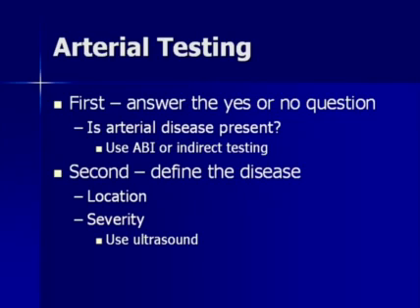Once we define the fact that there is disease present, then we want to go on to some sort of secondary modality and locate the level of disease, as well as try to figure out the severity of disease. Duplex ultrasound is basically the best tool for this, and obviously being non-invasive, we can get a pretty complete evaluation of what's going on.